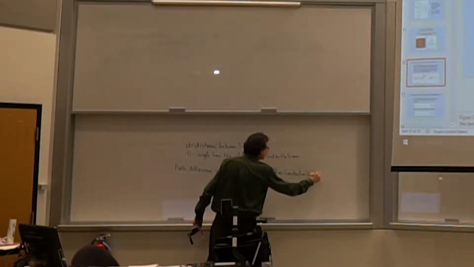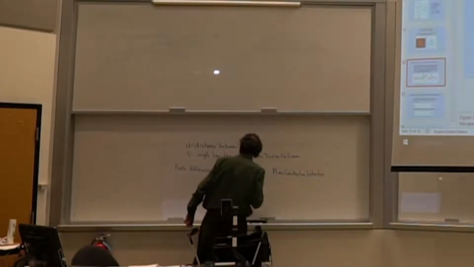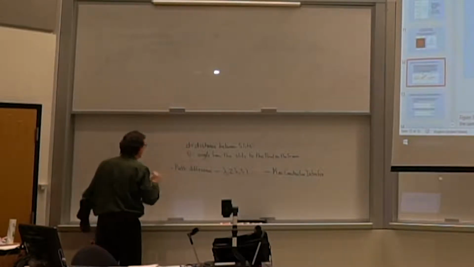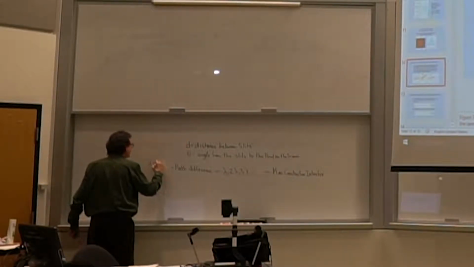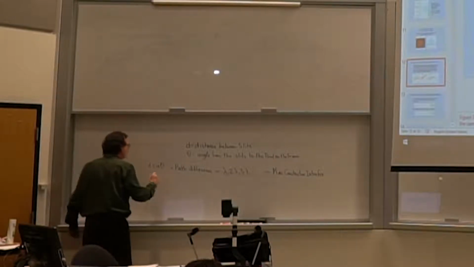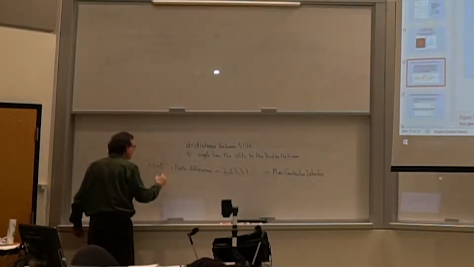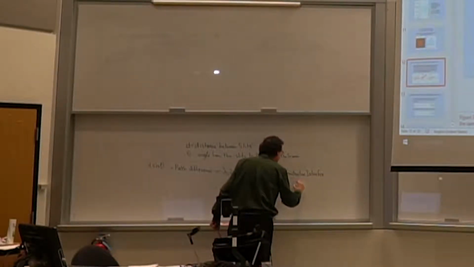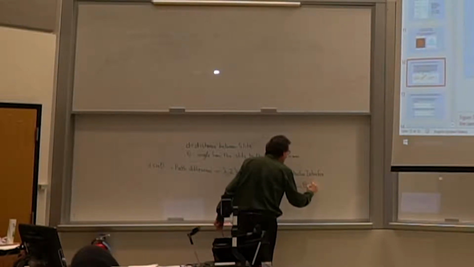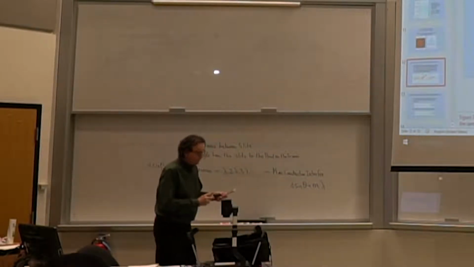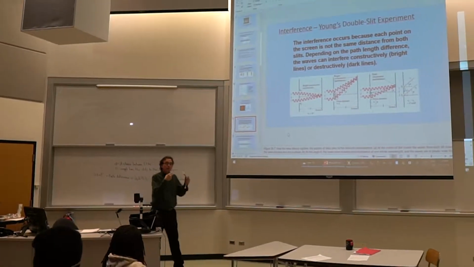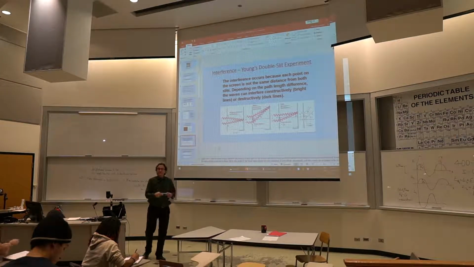Okay? And this path difference, as we can see in the slide up there, is just equal to d sine theta. So the condition for a bright spot, or maximum constructive interference, is that d times sine theta is equal to integral multiples of the wavelength of the light going through it. And when that happens, the 2 waves will arrive in phase together.